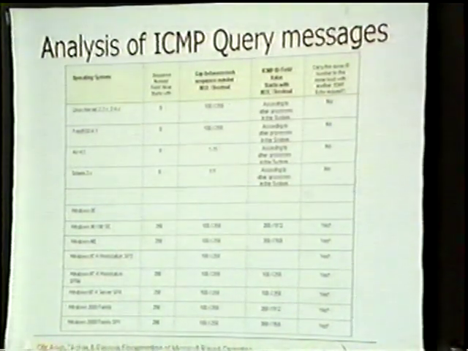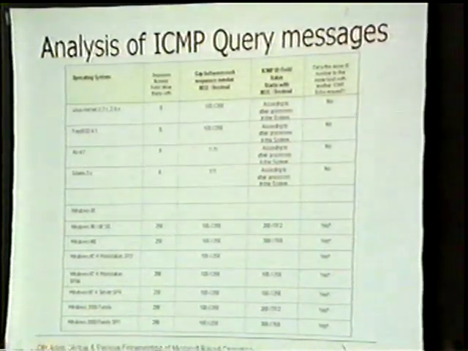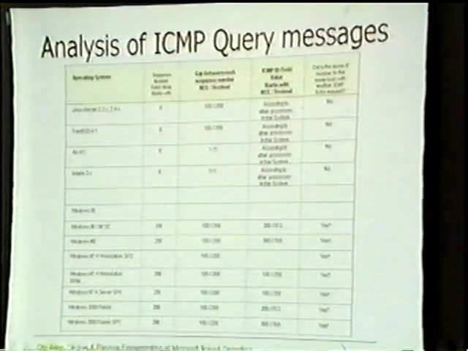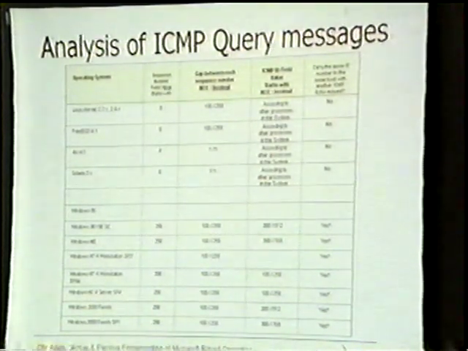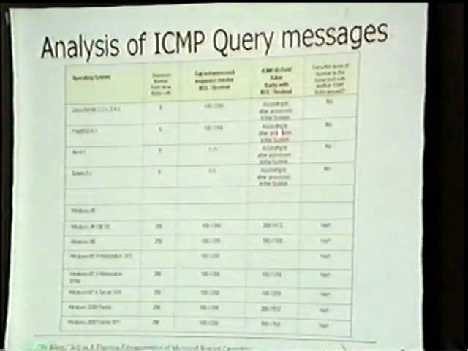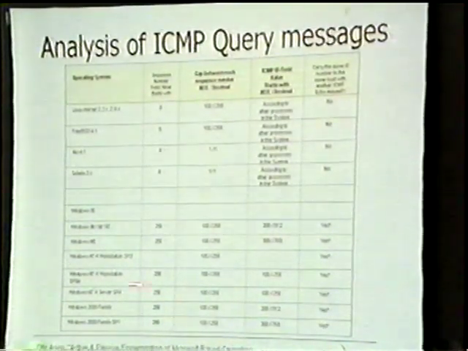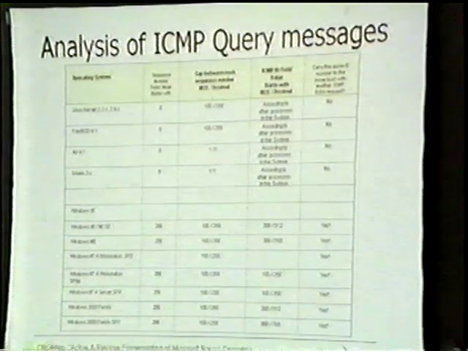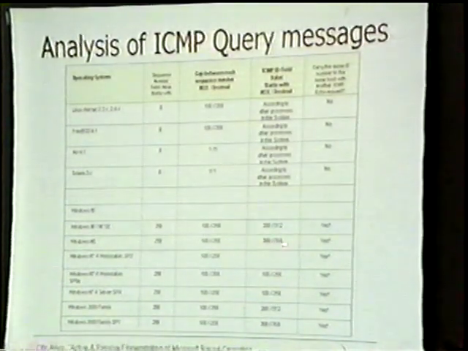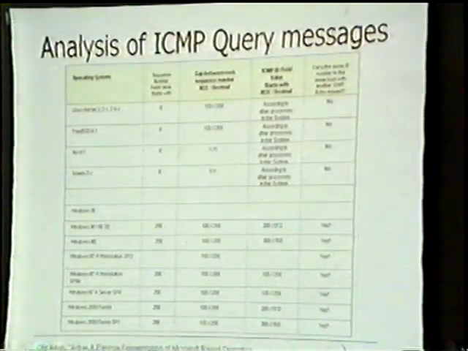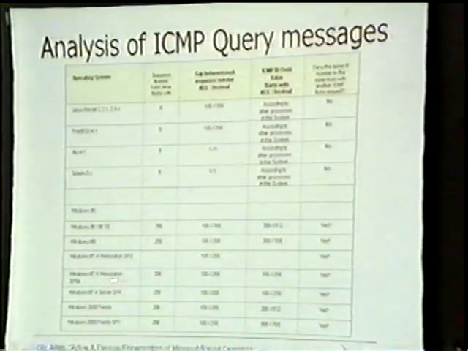Another nice thing to know about is the ICMP ID field value, which starts with a certain number. If you look at the ping utility with Unix, you will see that the ICMP ID is actually the process ID assigned to ping when you run the command. With Microsoft-based operating systems, those values are constant, and we can differentiate between the variant operating systems.